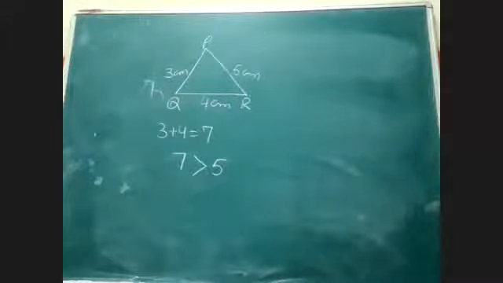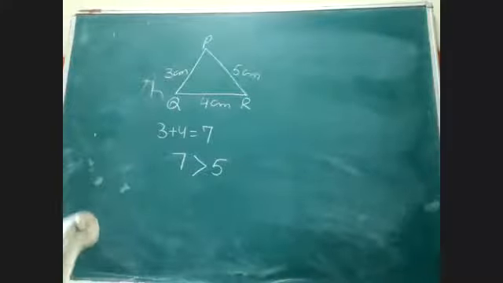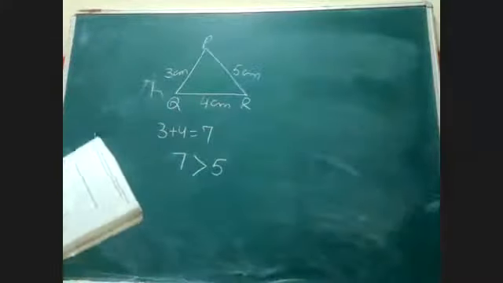Okay. Next is the fourth question. Is it possible to form a triangle with 3 line segments of the following lengths? In the fourth question, again, we have 6 parts. So fourth question, first part.